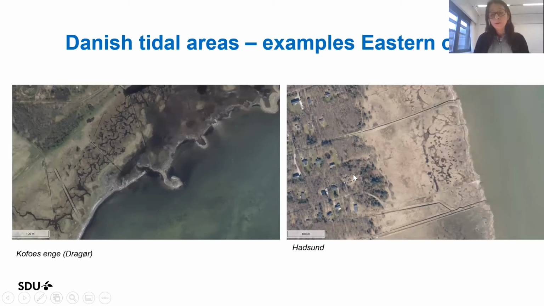And here we can see in northern Jutland in Helson some tidal areas, which are more or less managed, because if they grow too much, they have to be cut so they don't interfere with the ocean view. So just some examples.